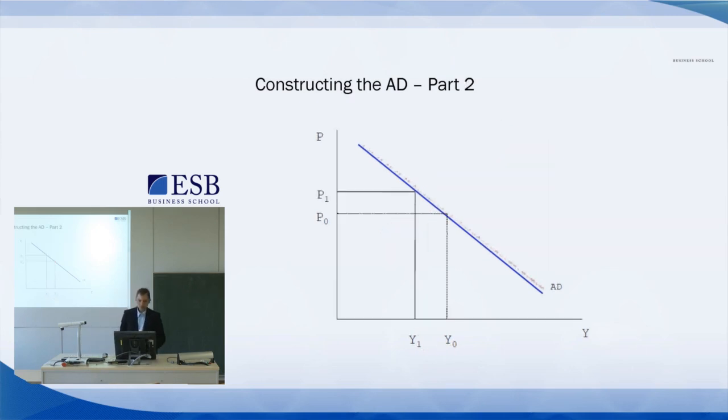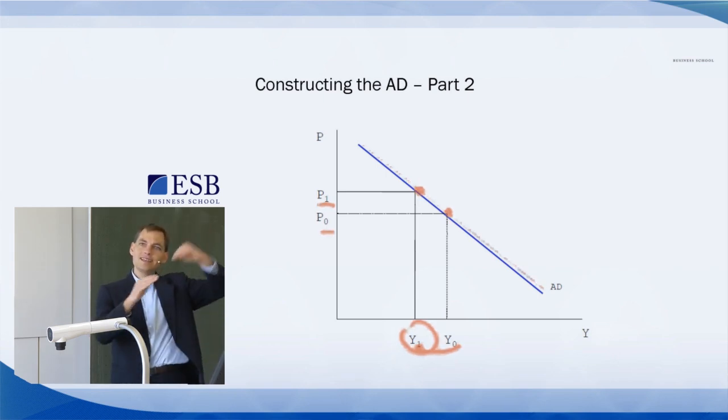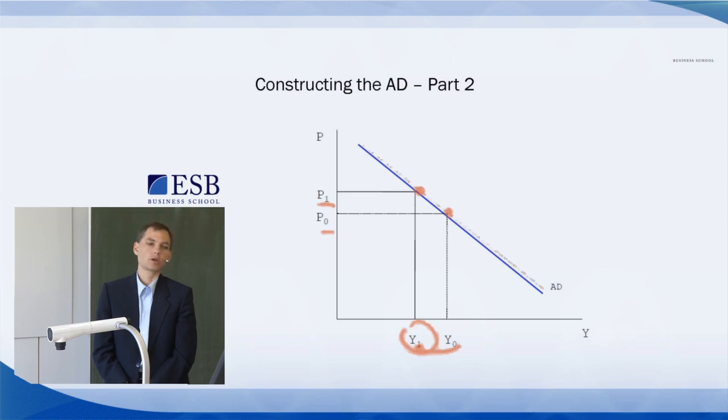So if I illustrate now a curve where we have output in the beginning at price level P0, and then we have seen from the ISLM model, if we increase the price level to P1, we have a higher price level and we get a lower output level. So that gives me a point here. So in other words, the AD curve is also a downward sloping curve.